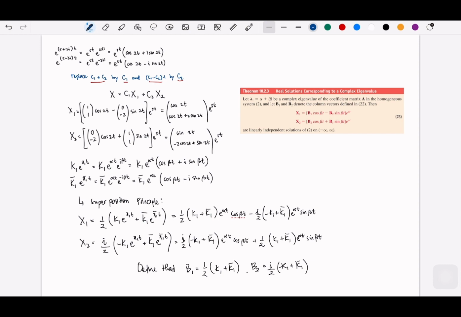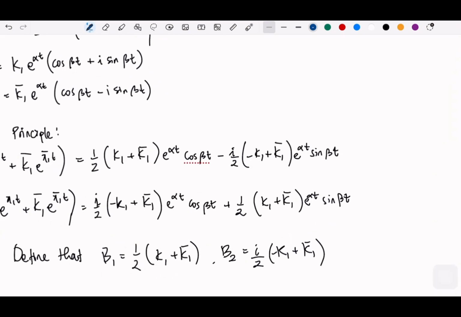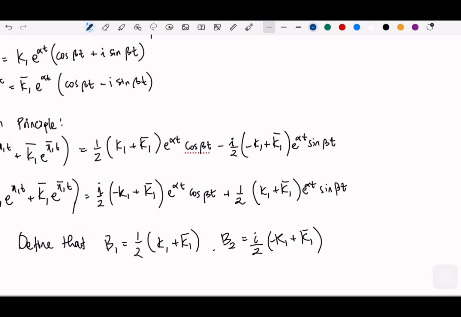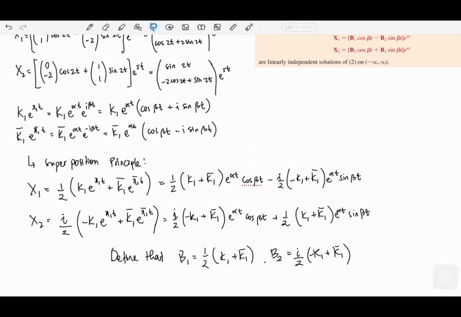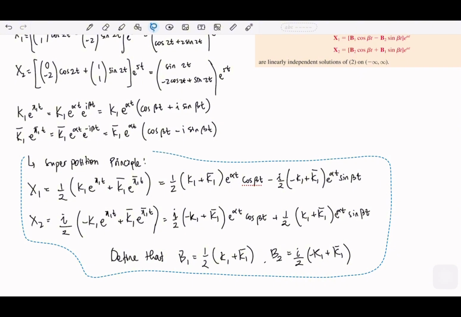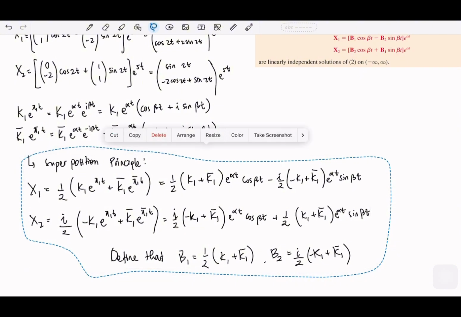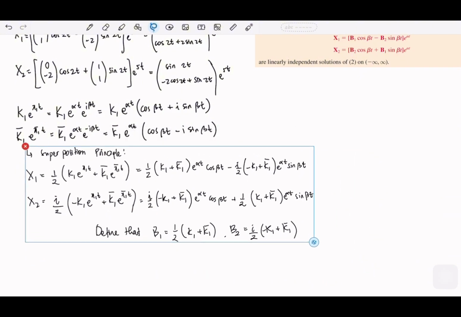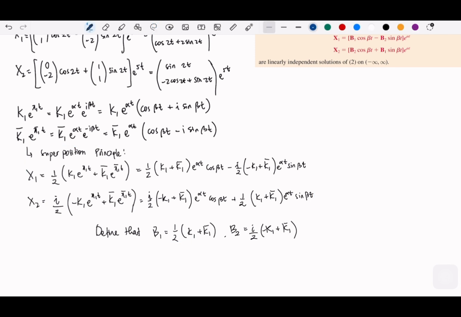So we could write this B1 and B2 as follows. Let me write this. We can write B1 as the real part, and we input the eigenvectors, and B2 is the imaginary part, of K1.